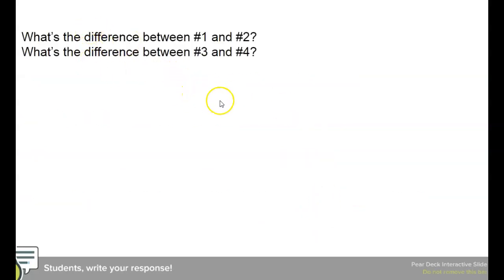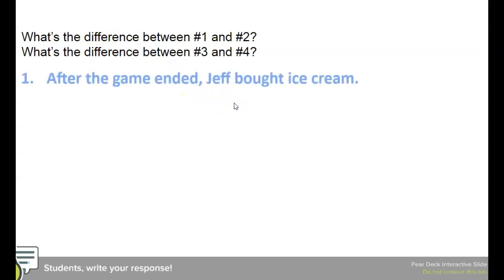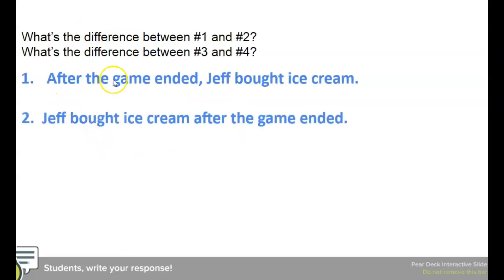Now let's look at what's the difference between number 1 and number 2. So here are the two sentences. After the game ended, comma, Jeff bought ice cream. Jeff bought ice cream after the game ended. What's the difference here? Hopefully you're noticing that the first one has a comma, the second one doesn't.